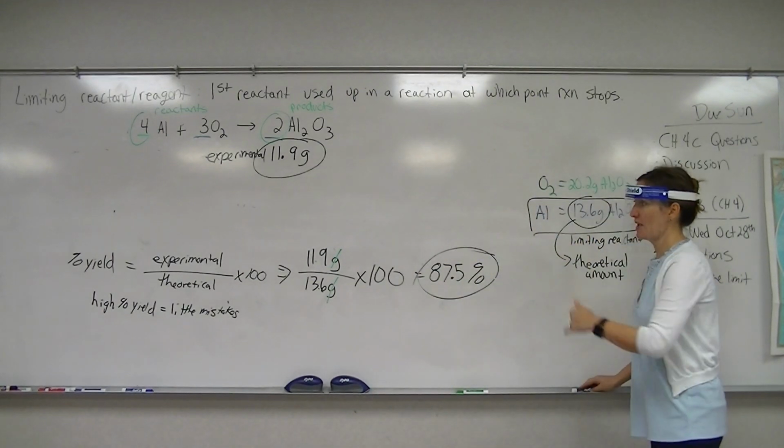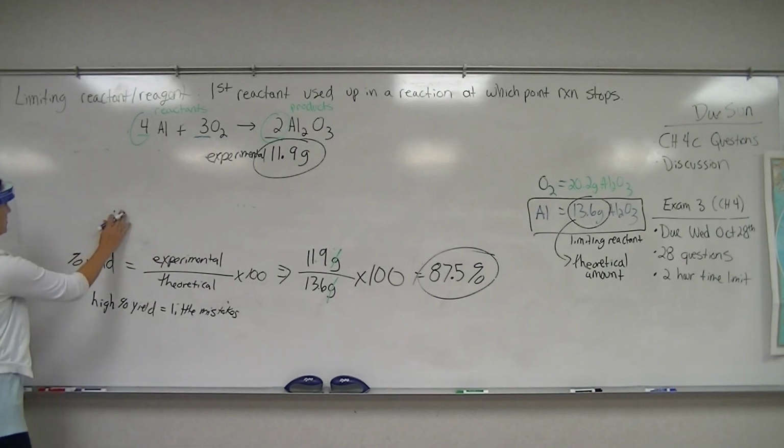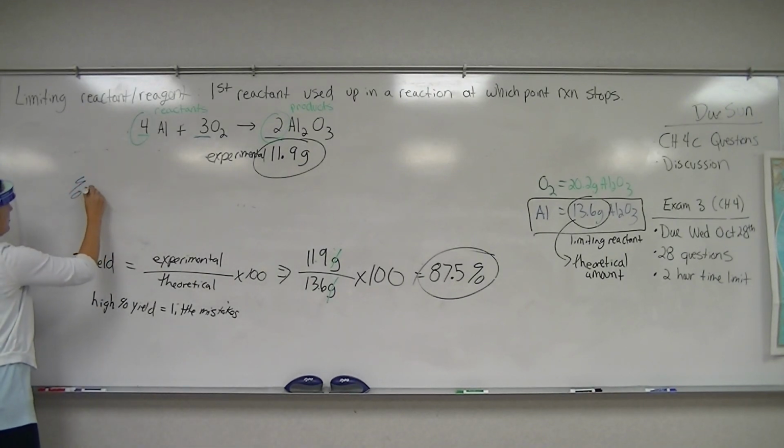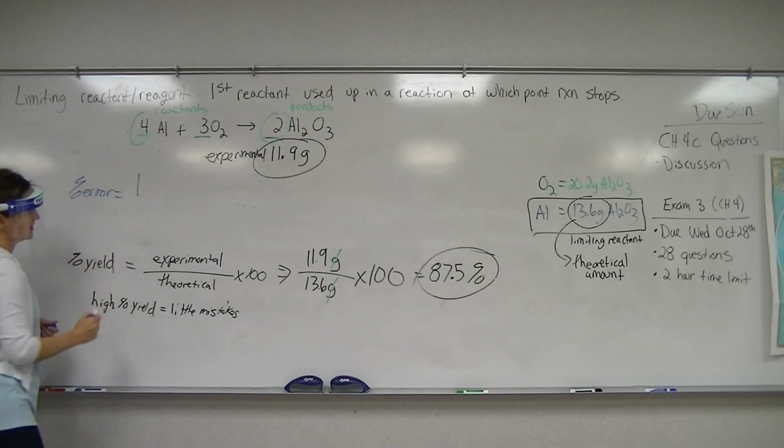Well, I want to use these same values to do percent error so you can see the difference between them because we've been using percent error already. Might help you understand a little bit better why we use one versus the other.